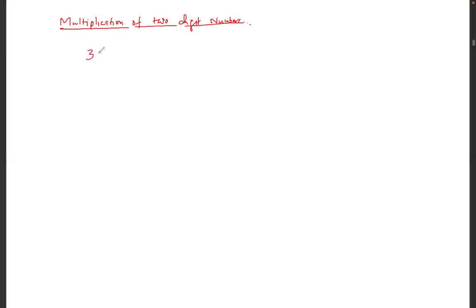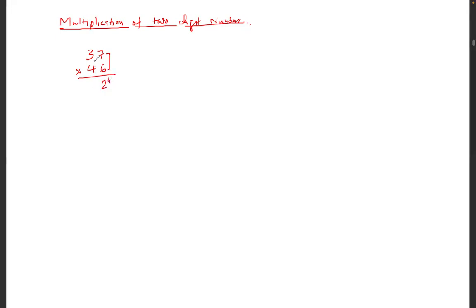Let's say it is 37 into 46. Now you don't know the table of 37 and 46 either. So what you can do is straight multiply 6 and 7. So 6 sevens are 42. Write 2, carry 4.